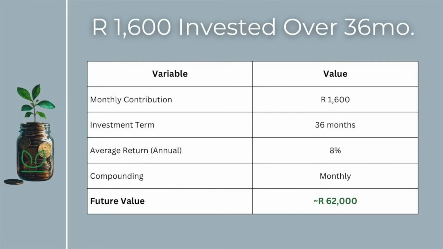If you are contributing 1,600 Namibia dollars or rands every month into an investment for 36 months, and you are lucky enough to have an average return of 8%, and we are being very generous with the 8%, if that is compounded monthly, you are looking at having 62,000 rands or 62,000 Namibian dollars invested by the time the 36 months is over.